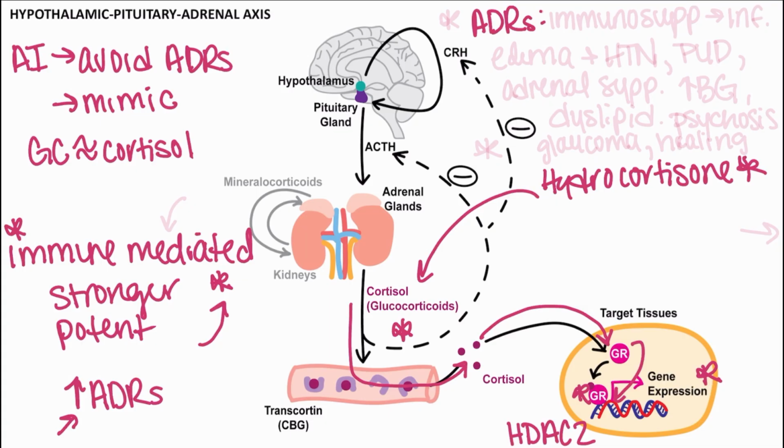So as you might guess from talking about our autoimmune diseases, these are going to be immunosuppressants. And that's going to come with a risk of infection. They're also going to cause a lot of different imbalances across normal cortisol functions. So things that can happen can be the retention of salt in water, causing edema and hypertension.